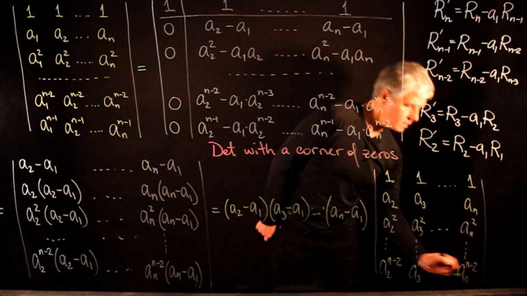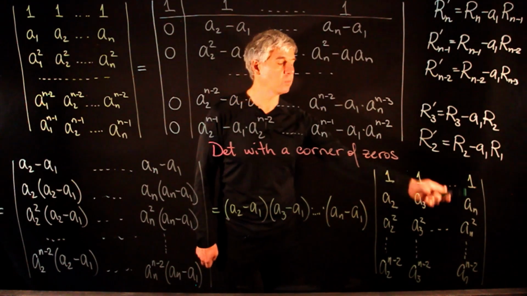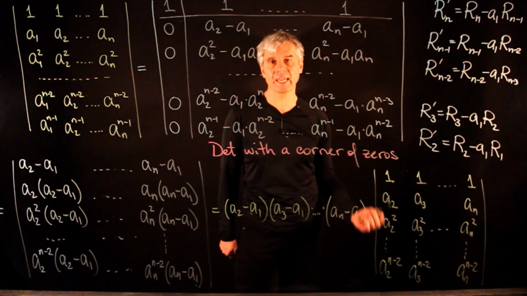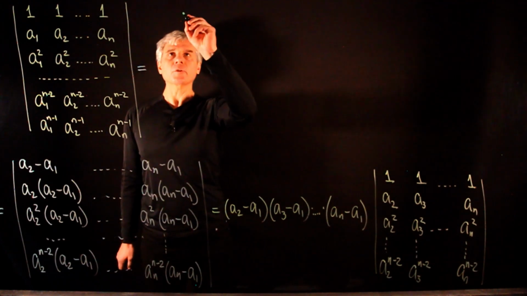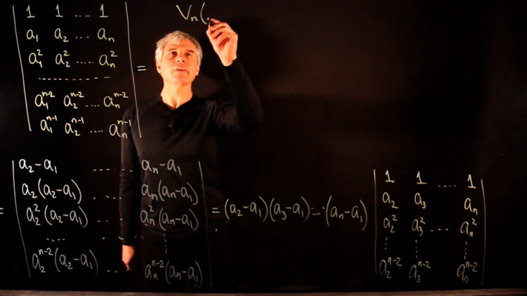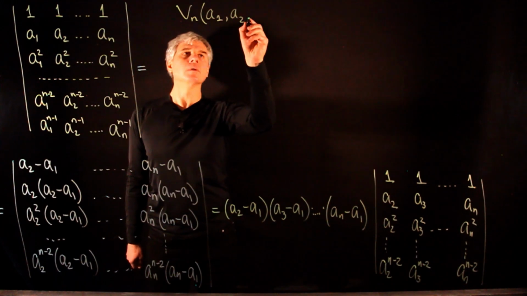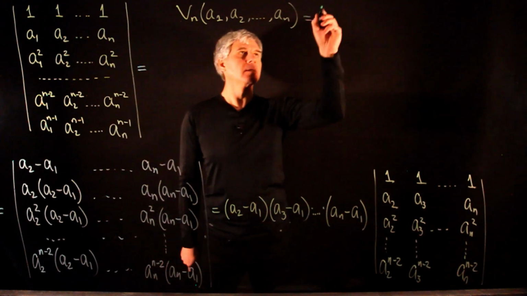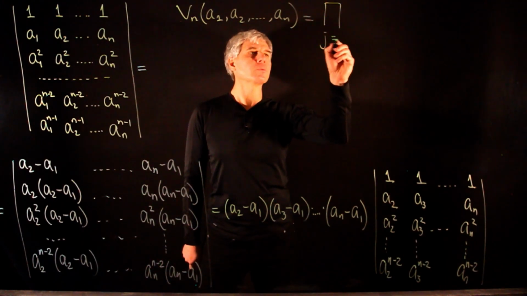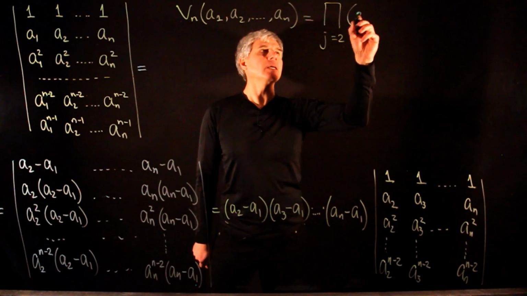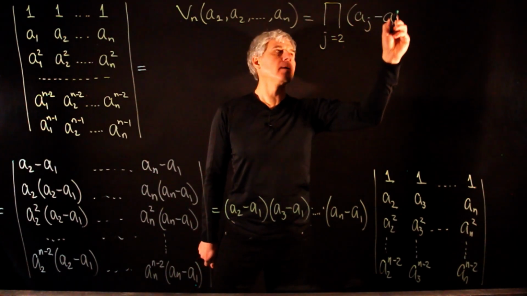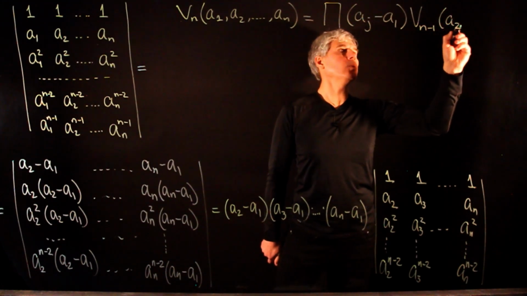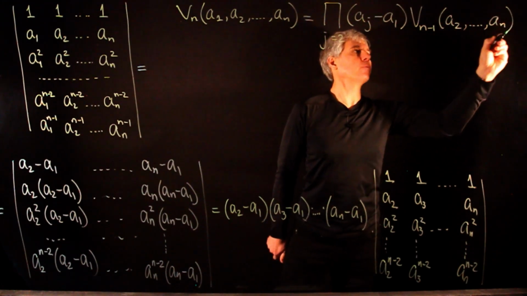And so what we see here is that we will get the Vandermonde determinant again, but now of size n minus 1. This calculation tells us that Vn of A1, A2, dot, dot, dot, AN is equal to the product where j goes from 2 to n, Aj minus A1 times Vn minus 1 of A2, dot, dot, dot, AN.